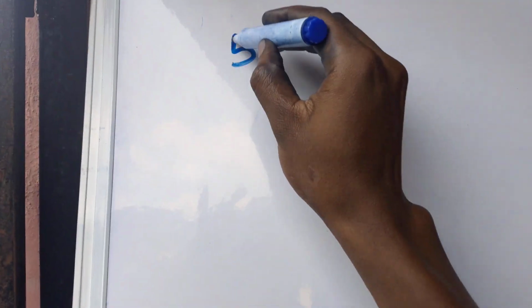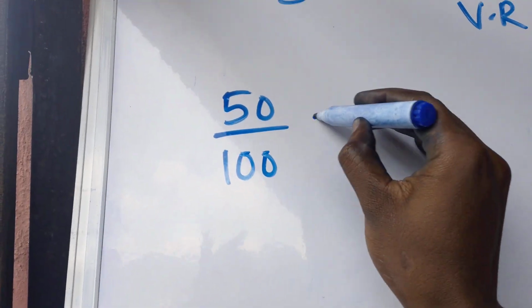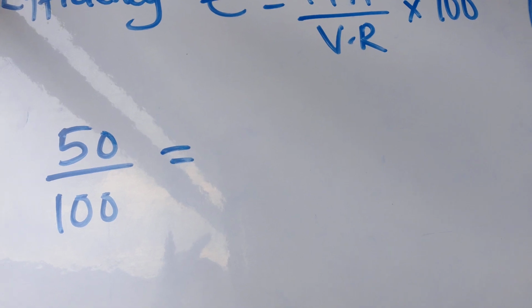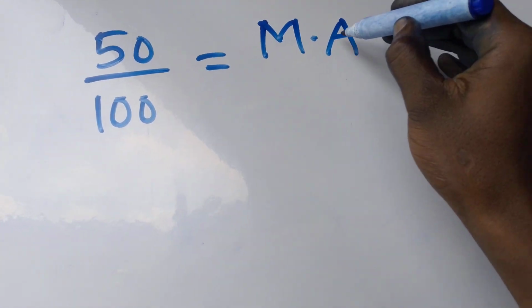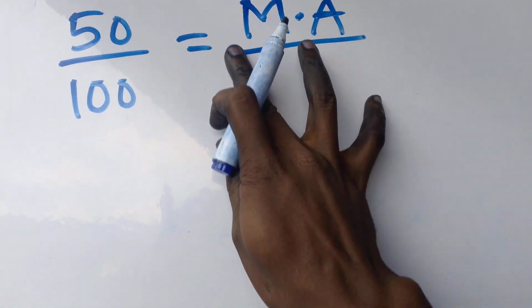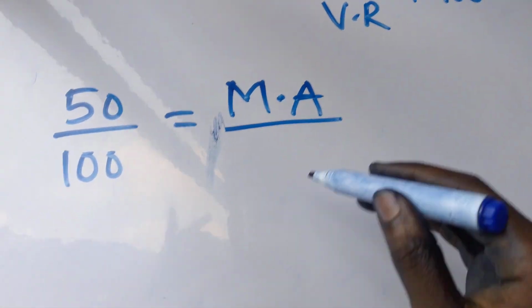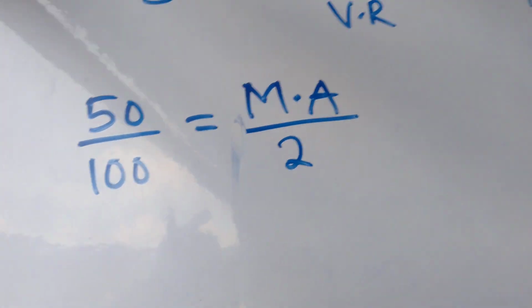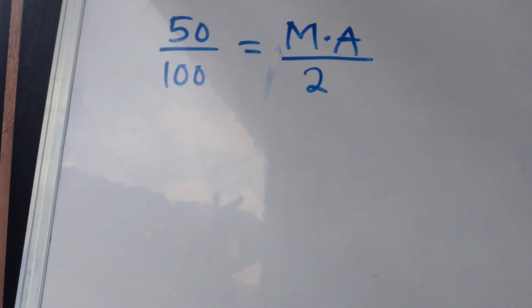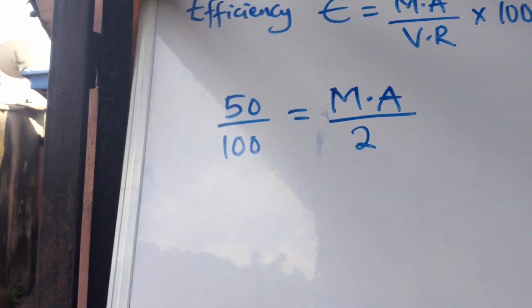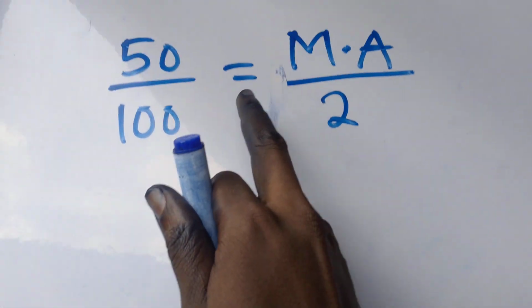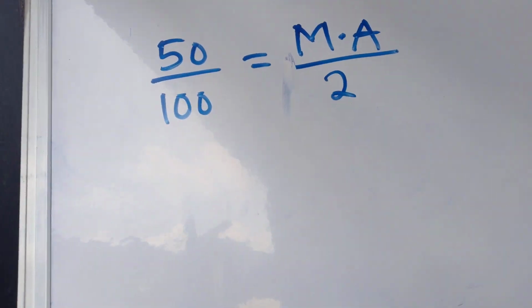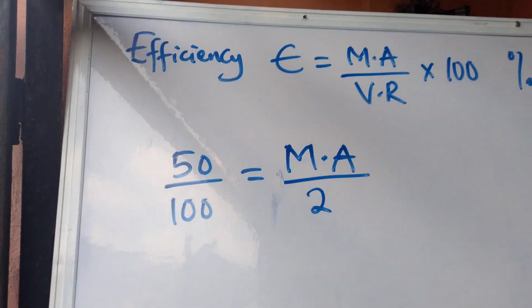That equals the mechanical advantage, which is not given to us, divided by the velocity ratio, which is 2. So 50 over 100 equals mechanical advantage over 2. Now we can cross multiply.